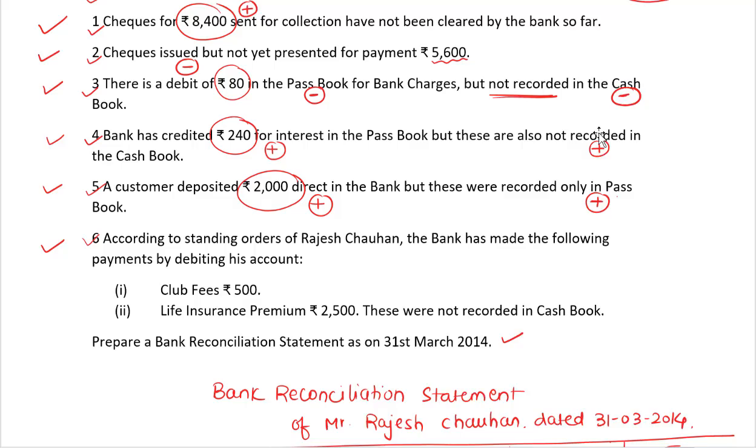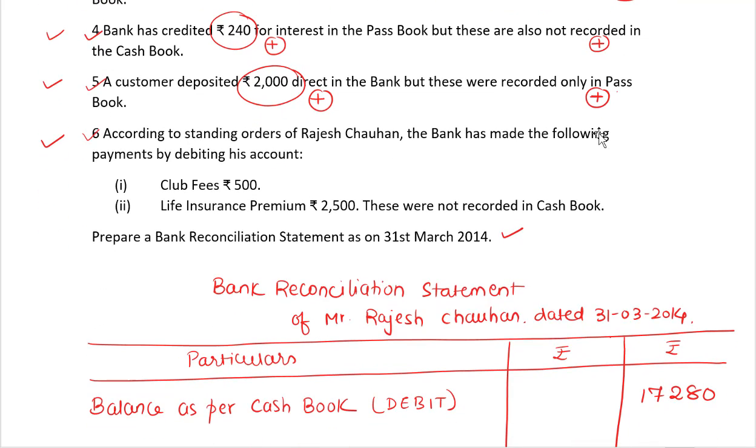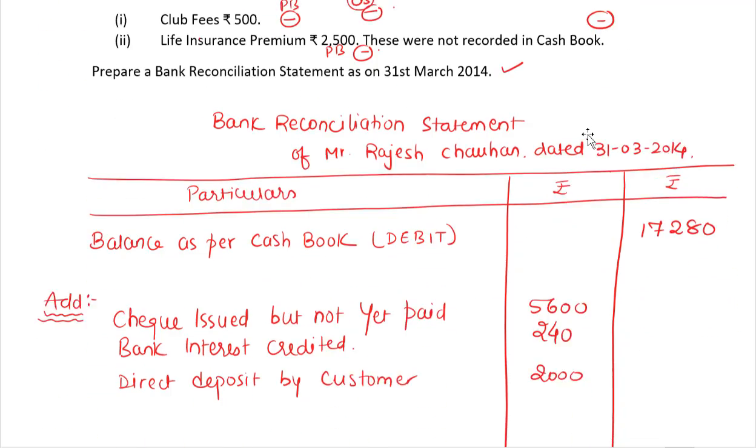Sixth one, according to the standing order of Mr. Rajesh Chauhan, a payment is made, club fees. So in the passbook, it is deducted. We also need to deduct this 500 in the cash book. And life insurance premium 2500. In the passbook it is deducted. We also need to deduct in the cash book.